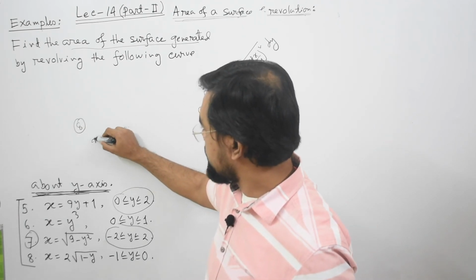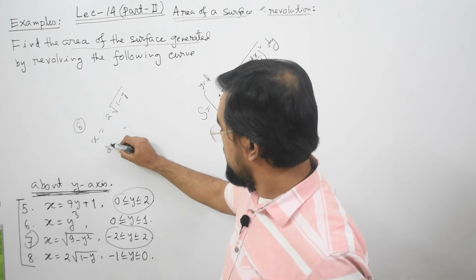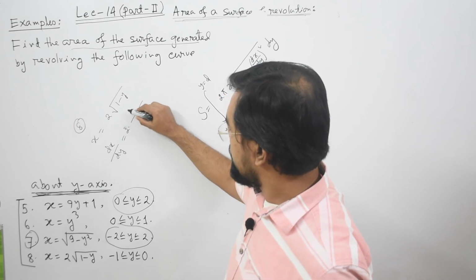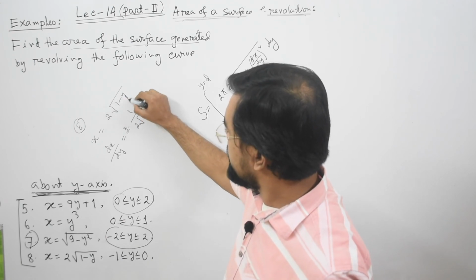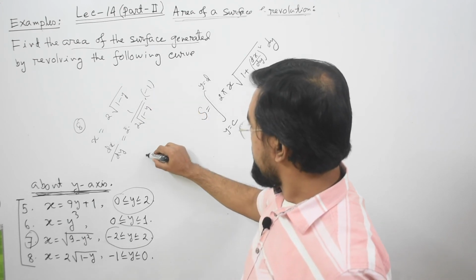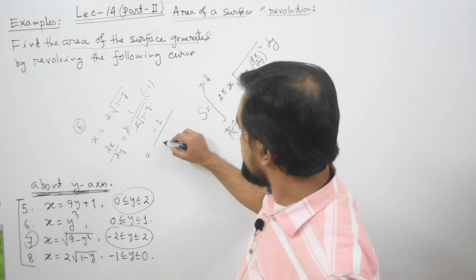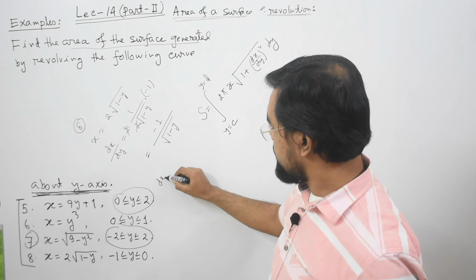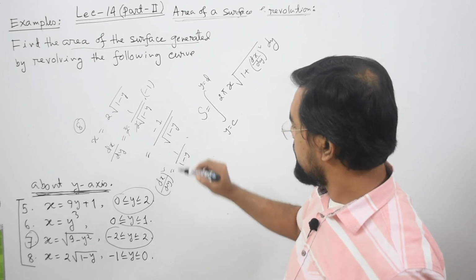And here we are given x equals 2 root 1 minus y. So dx by dy will be 2 into 1 by 2 root 1 minus y, and the chain rule, the derivative of 1 minus y equals minus 1, and the 2 and 2 you can cancel. So the derivative will be minus 1 by root 1 minus y, and the square of this derivative will be 1 by 1 minus y.